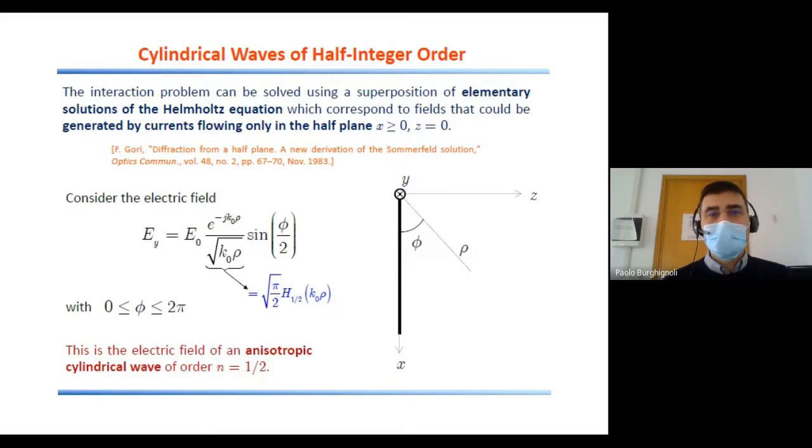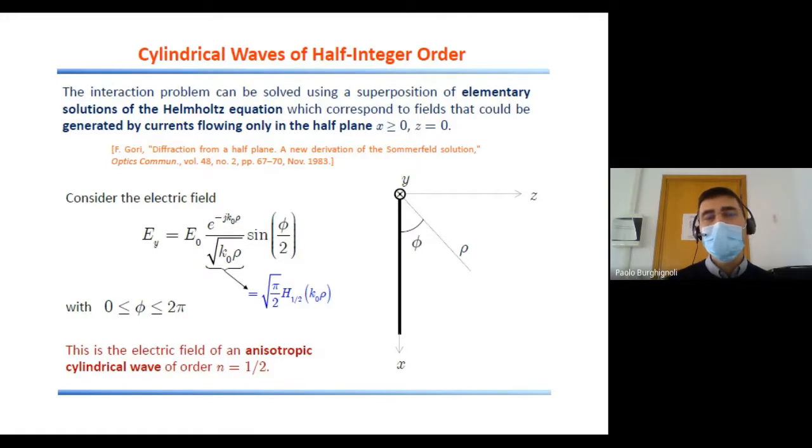Note that the interaction problem, which is what we need to solve, can be solved in general in terms of a superposition of elementary solutions of the Helmholtz equation, defined outside the half plane where the perfect conductor lies. Okay, because everywhere else we cannot have current.